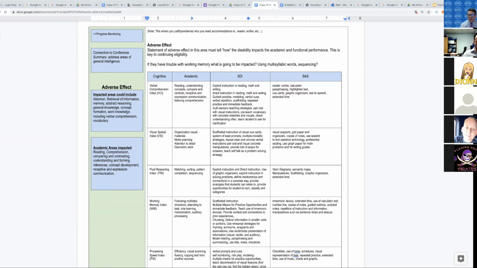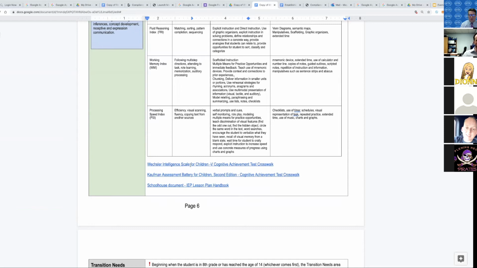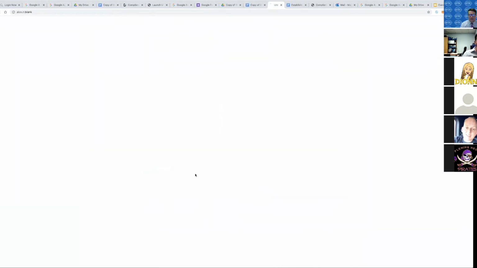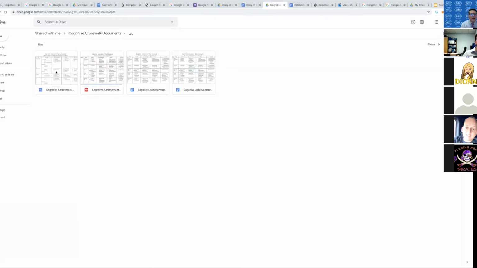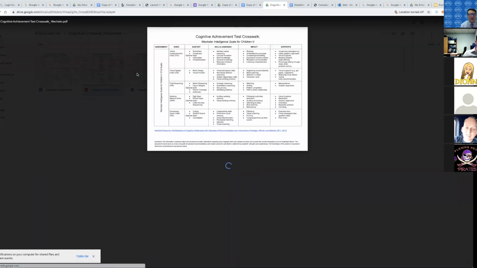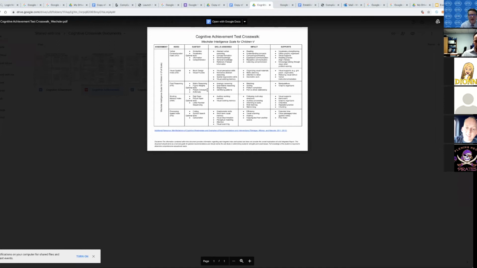We also have down here at the bottom these crosswalks. It has the index.